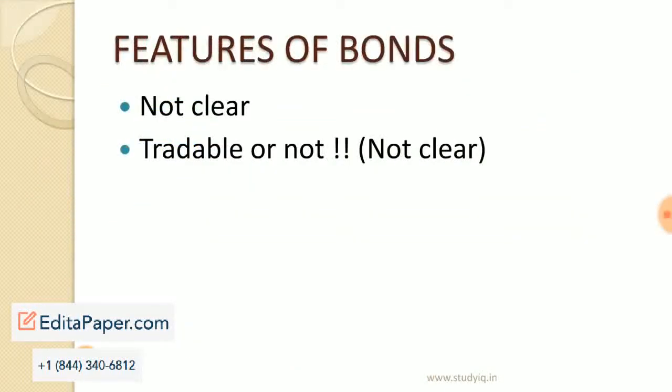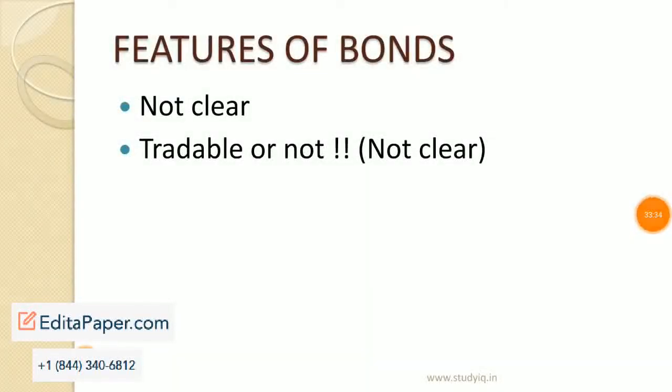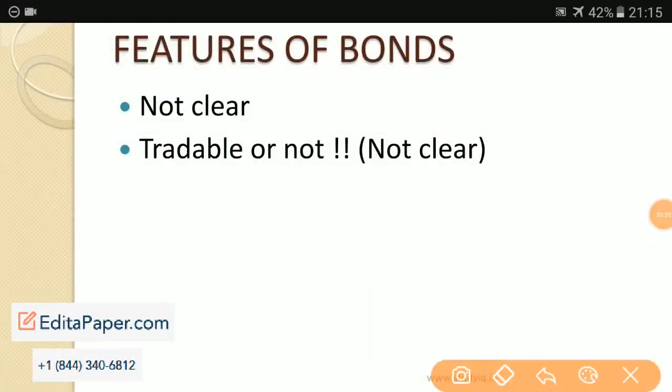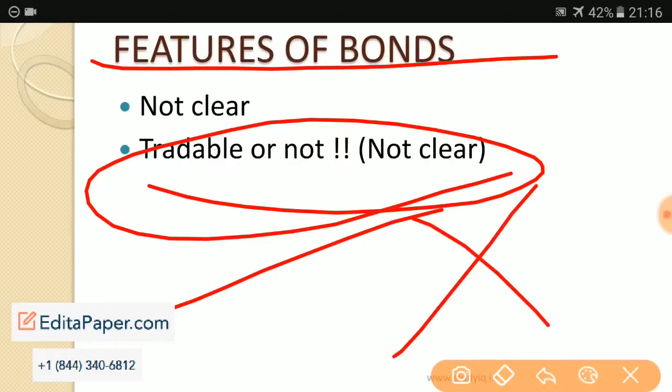So these are some of the macroeconomic considerations and implications that we have seen. Another point I would like to cover here is the features of bonds. Whether they are tradable in the security markets or not, and whether they can be used as collateral for loans or not, these features are not clear, and they would become clear only in due course of time. For example, you have taken my securities.